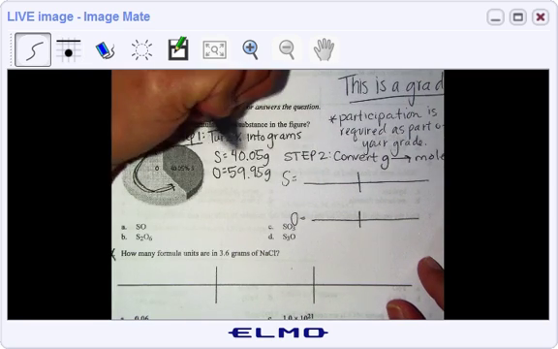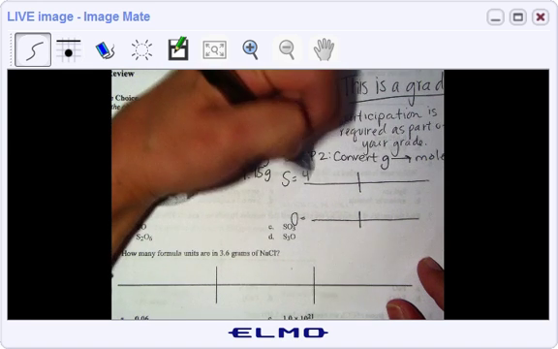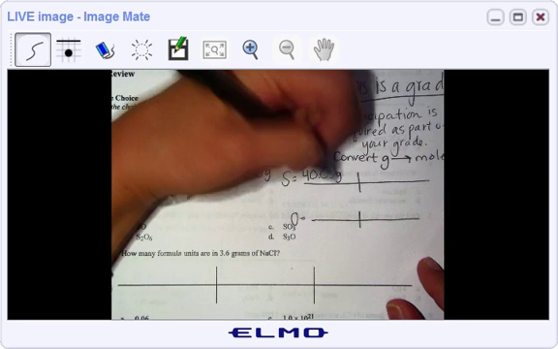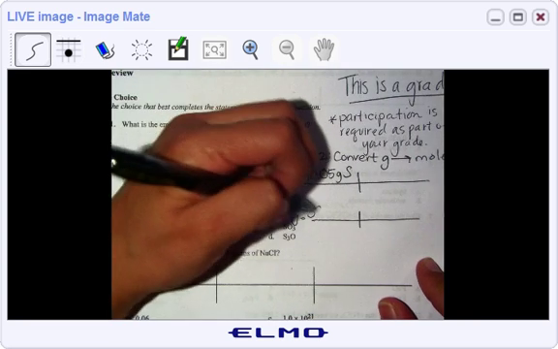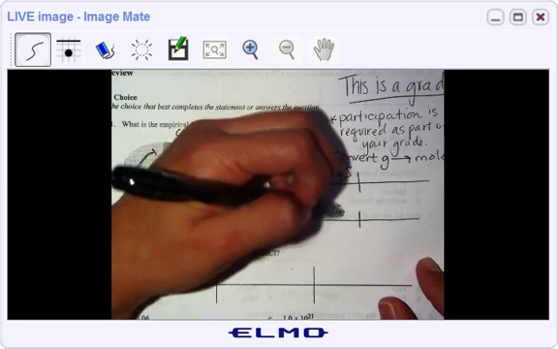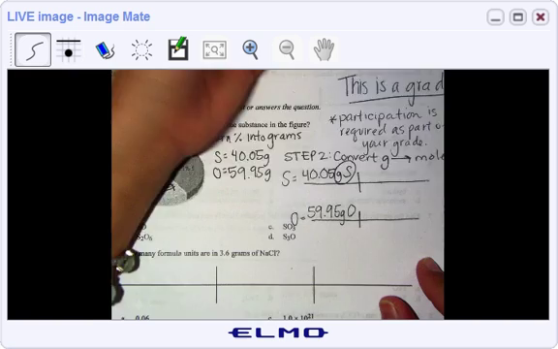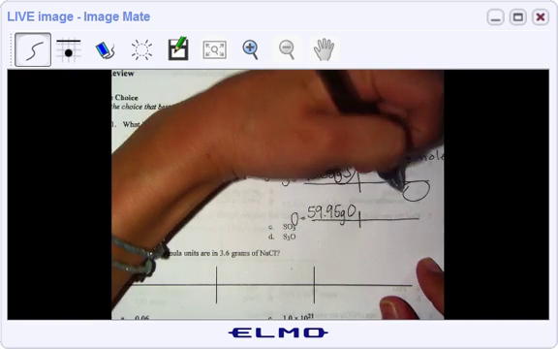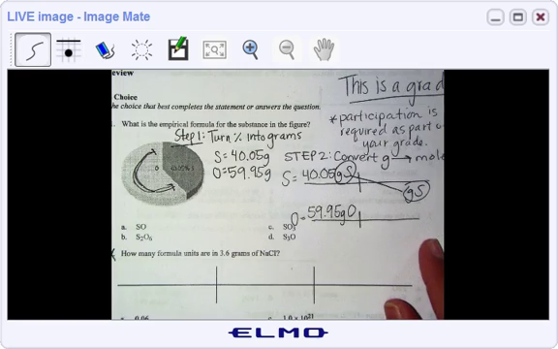So for sulfur, whatever you're given goes in the top left-hand corner. And for oxygen, whatever goes here needs to match here. The units have to match. And you can use that as a guide.